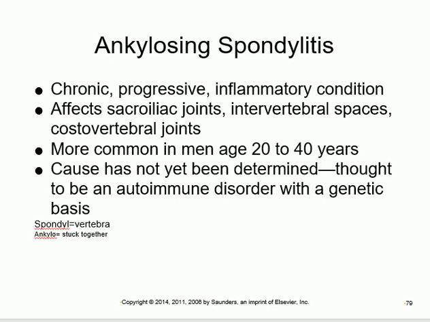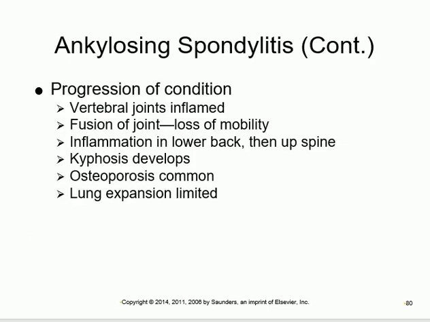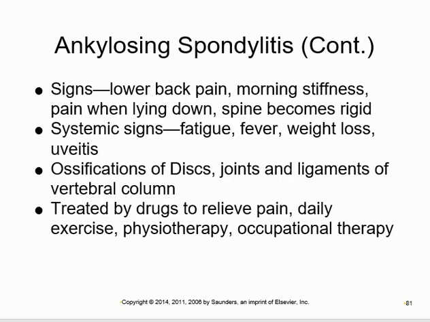Ankylosing spondylitis. The one thing that's also unique about ankylosing spondylitis, besides that the vertebrae and the sacroiliac joint fuse together, and this is ankylo, that's what it means, fuse together, ankylo.